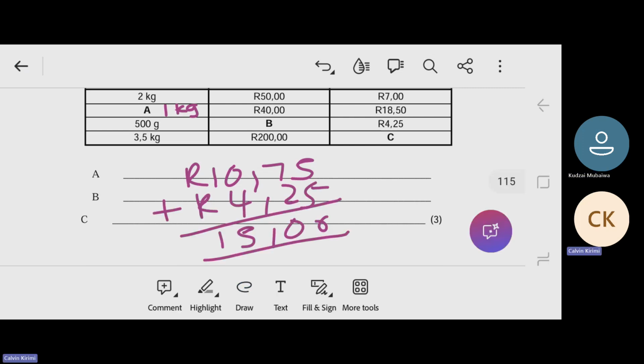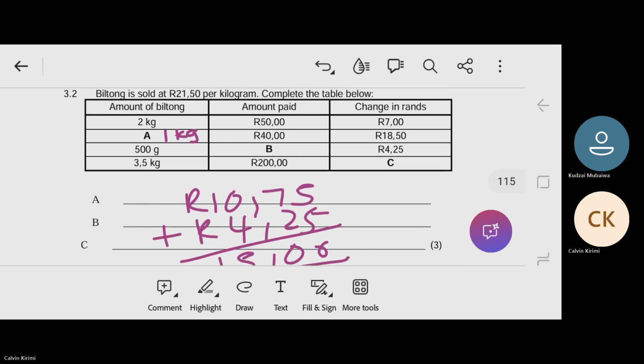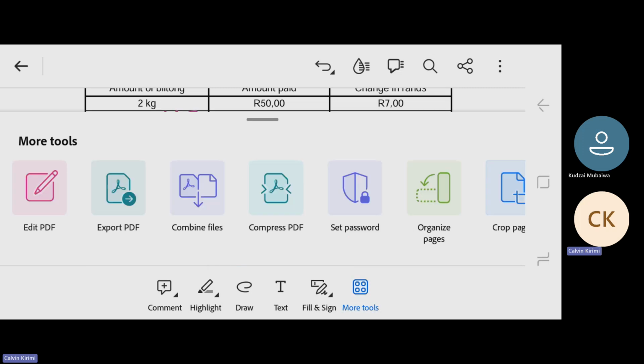The last one. Click on the last one, you see what you are getting.